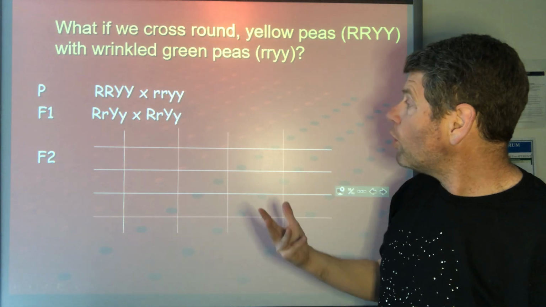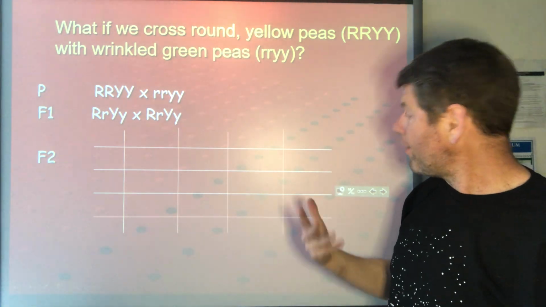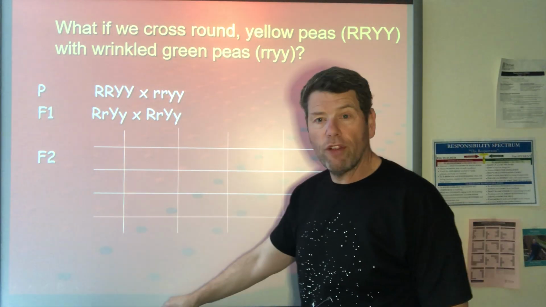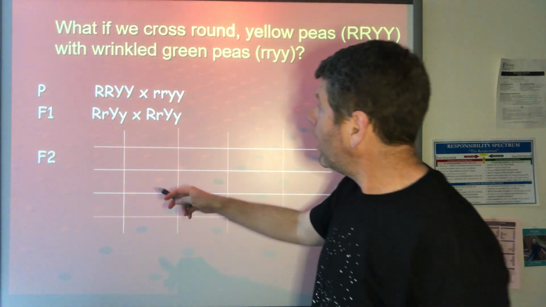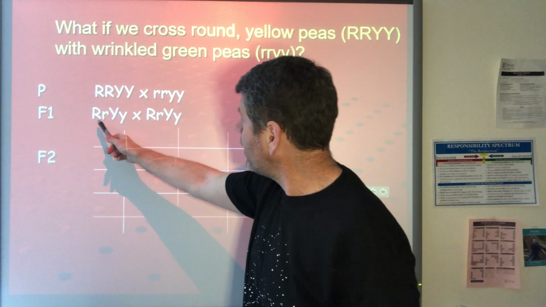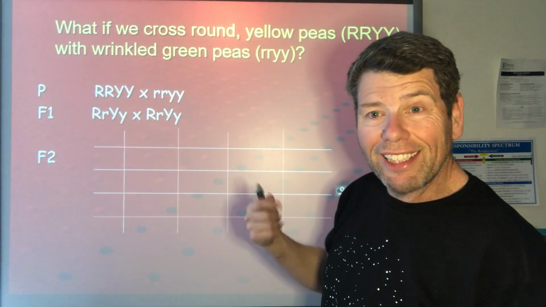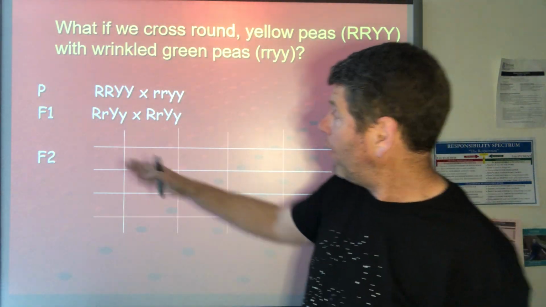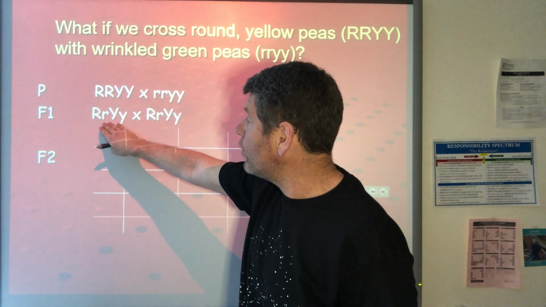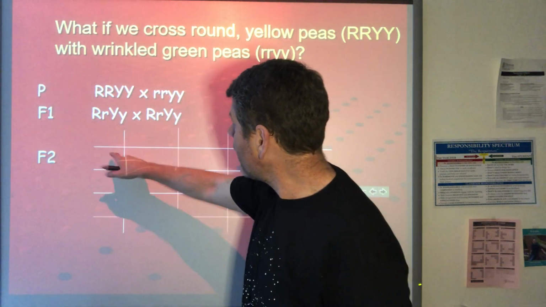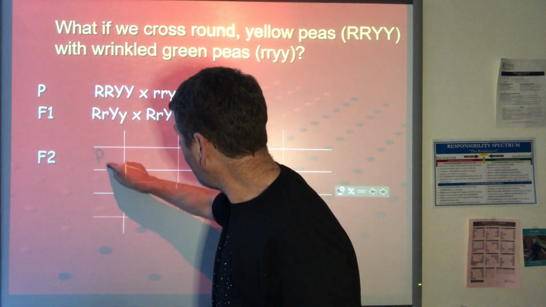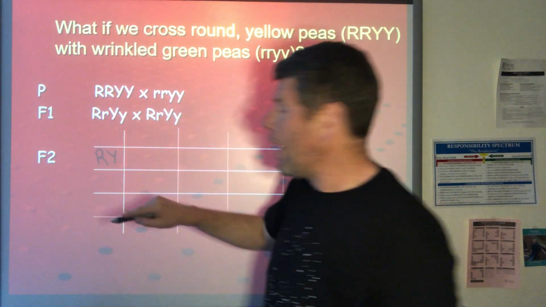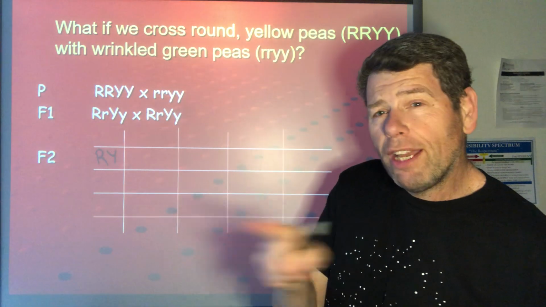All right? So when this happens, we have to set up our Punnett square. Now this is going to fill in for you, but just to do one of them, we essentially need to predict all the possible alleles in the gametes for, let's say, this individual. Of course, for this individual, we could get a big R and a big Y. And remember, you can only have one of each letter.